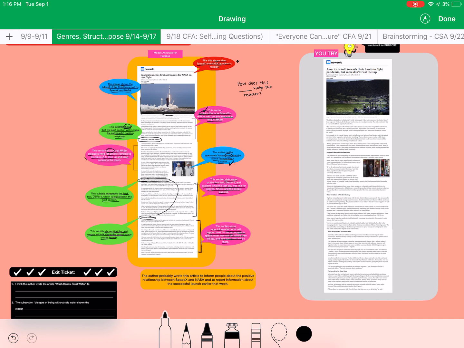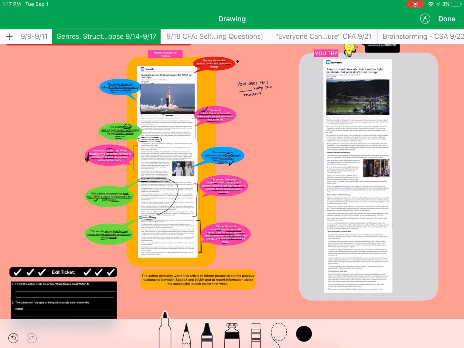The author is showing this need for a partnership between NASA and SpaceX. The author is explaining what Demo 2 is. So there's a lot of explanation going on here, and the purpose for a lot of these text features are to help the reader understand something.